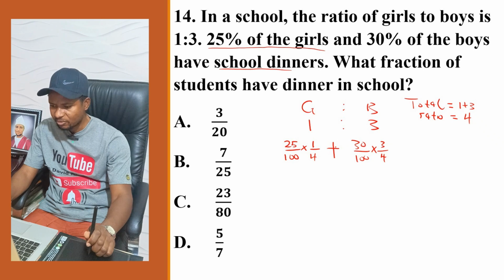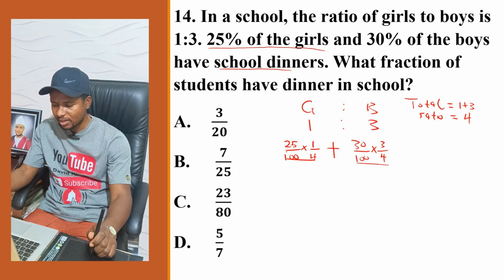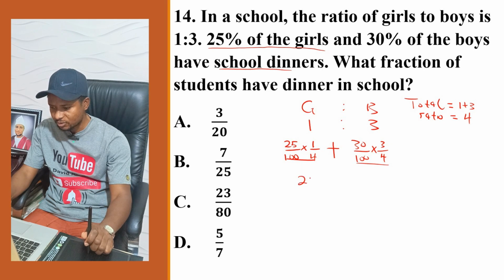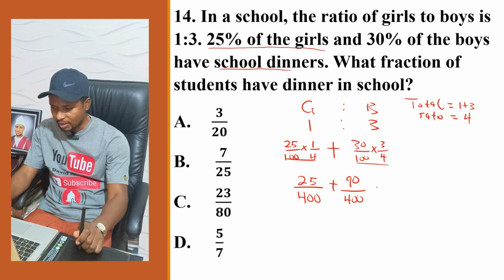So to make work very easy for me, since I've seen that both of them would have the same denominator, I'll just multiply across. So this will be 25 over 400 instead of me reducing, and this will give me 90 over 400, and at the end I have 115 over 400.